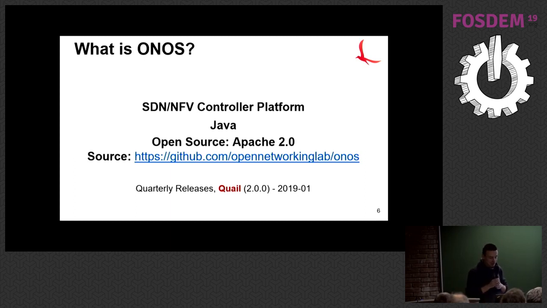The license is Apache. It's open source and available on GitHub, so you can clone it yourself. There are quarterly releases; the last one happened just this month, and the next one will happen in April, either before Brexit or after, I don't know.